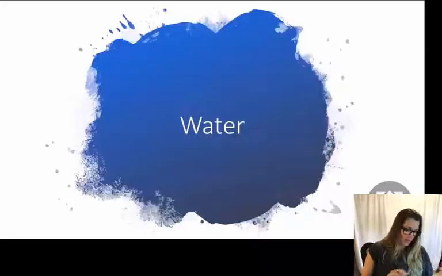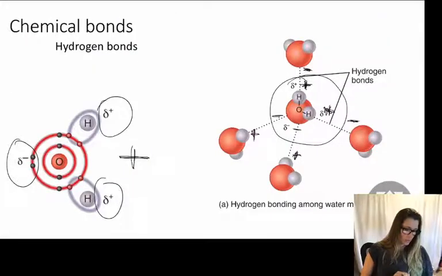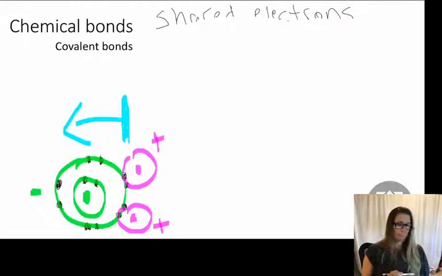So let's go back and think about that. We're thinking about water here as two hydrogens bonded to a single oxygen. And that's true. And that's 1000% true.